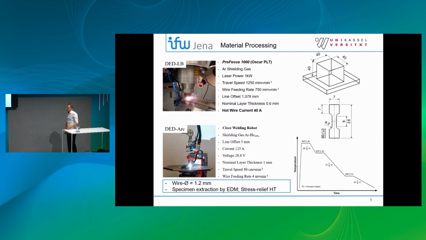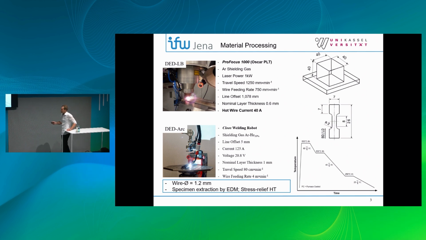This one has a special configuration as it uses 6 separate diode lasers, and it allows the additional heat input by using the hot wire current. This was set to 40 amps, and this just introduces some additional heat to the actual laser power.